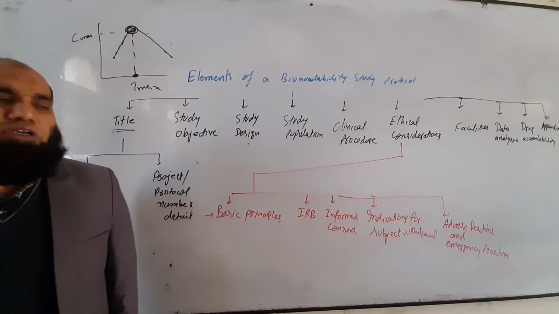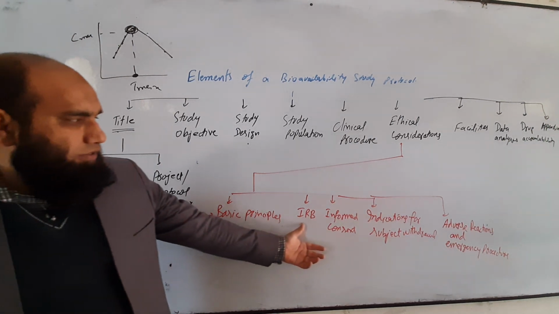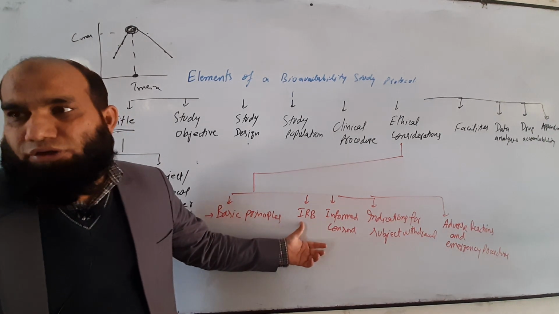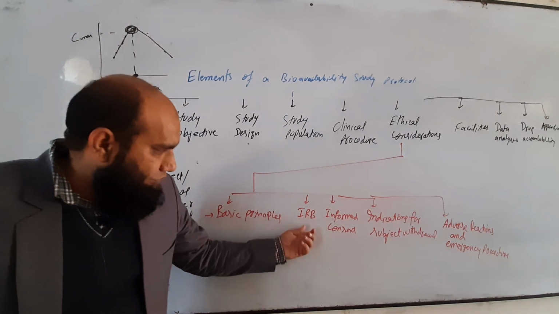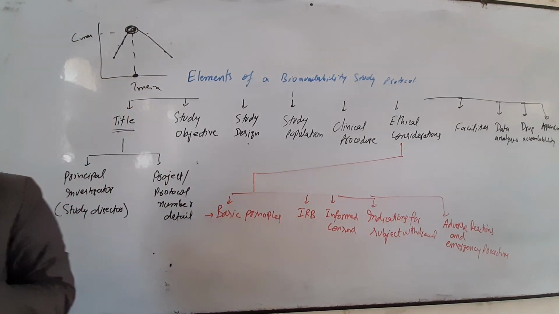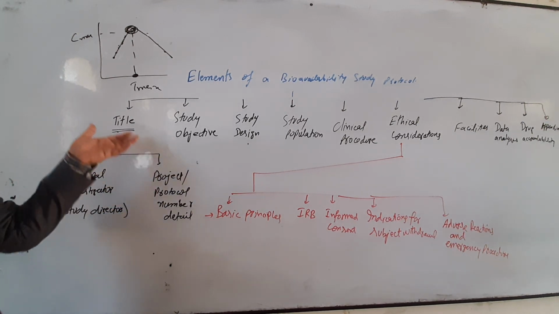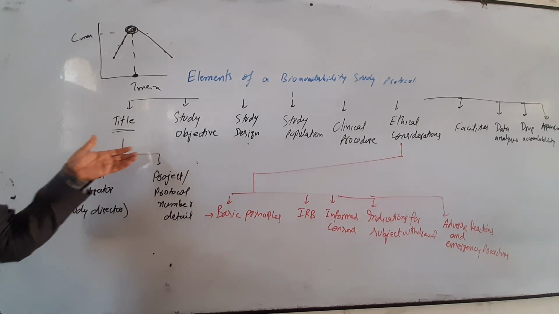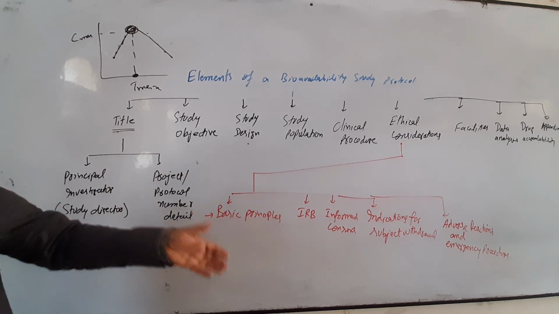We should know that. And in the case of the IRB, the Institutional Review Board, this is a particular board confirmed by an organization. When we plan any type of bioavailability study, we first put an application to the IRB.